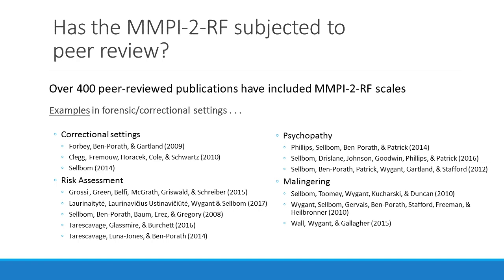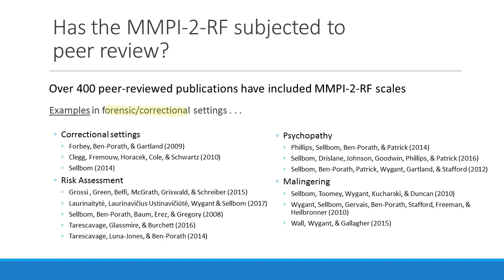The second criterion is, has the MMPI-2-RF been subjected to peer review? There are over 400 peer-reviewed publications that have included MMPI-2-RF scales for a wide range of settings. Here I'm just listing some citations looking at different things that are relevant in forensic and correctional settings.